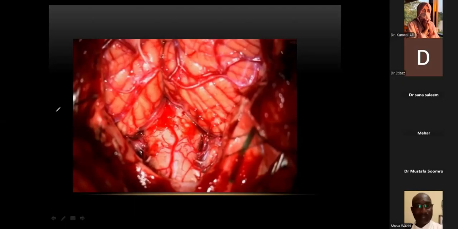Excellent. You have to identify the PICA, and be careful not to disturb it. After the PICA, there will be the inferior medullary velum superiorly, because we have to work at the lower side of the fourth ventricle, below the inferior medullary velum, not superior to it.